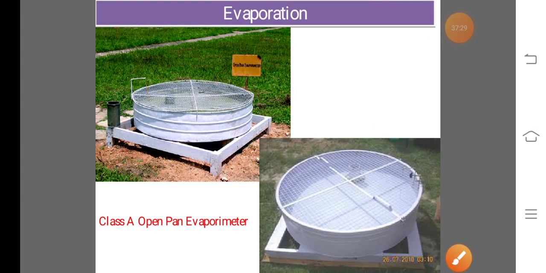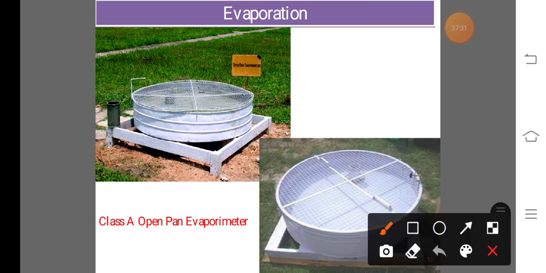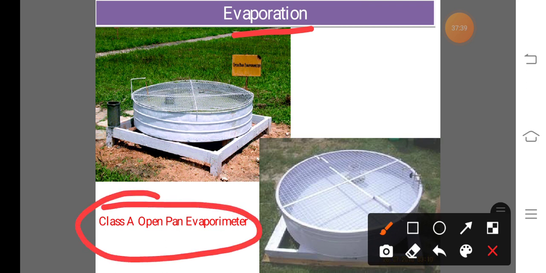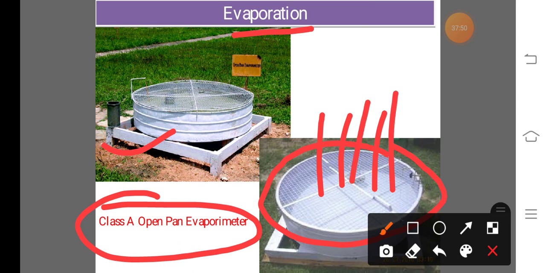Now the next, evaporimeter. Here evaporation is measured by using the class A open pan evaporimeter. So see here, this is the open pan evaporimeter. It is the internal section of the open pan evaporimeter. In that, water is included, and the water is lost by temperature. That means evaporation occurs, and this evaporation is measured by the open pan evaporimeter. A thermometer is also included for recording the temperature of the water.